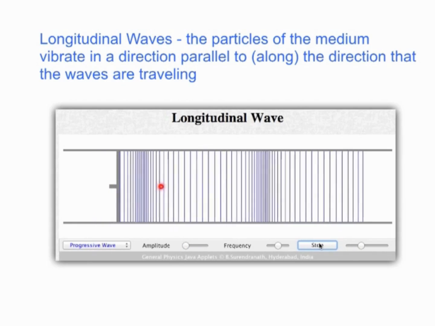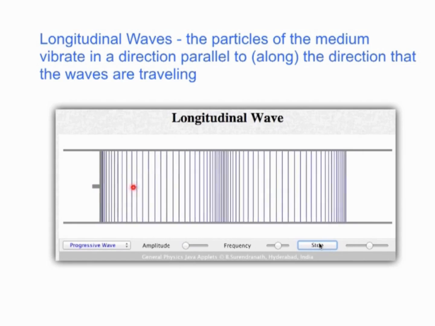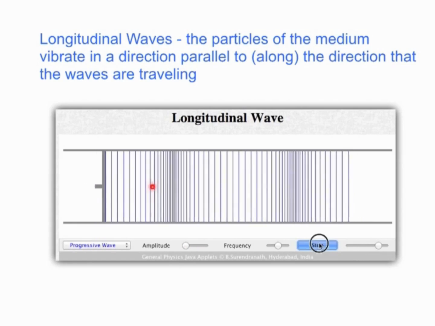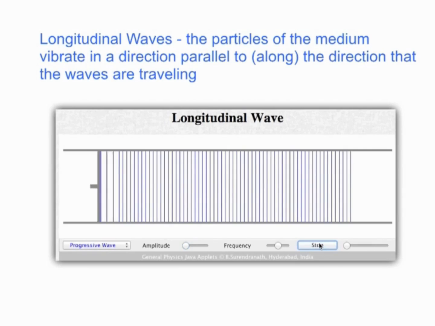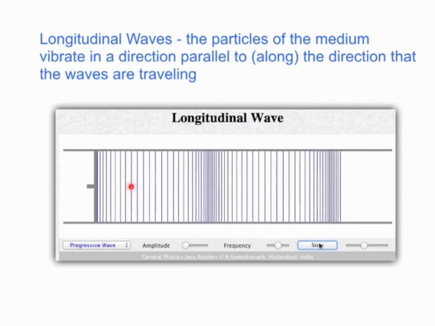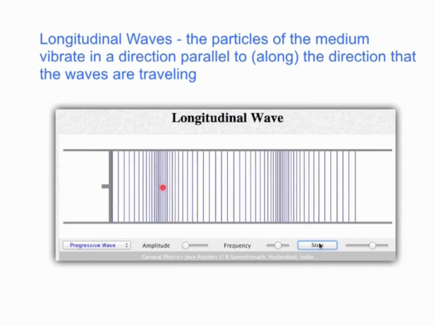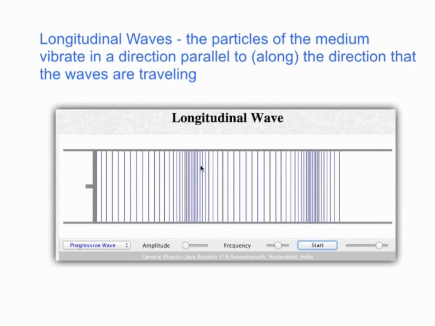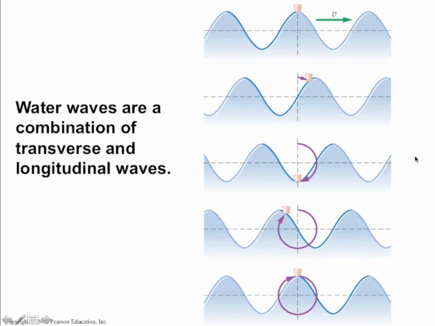Notice the red dot follows the horizontal oscillation, but the medium still oscillates in place. Every member of the medium oscillates horizontally, but stays in place. The medium doesn't move the entire length of the wave. The energy does.